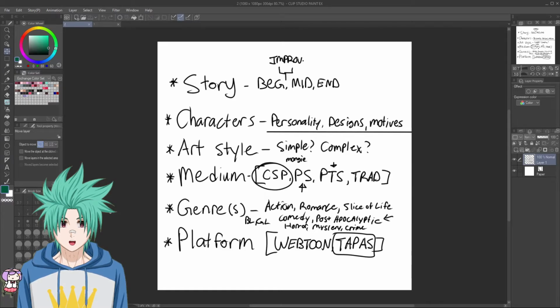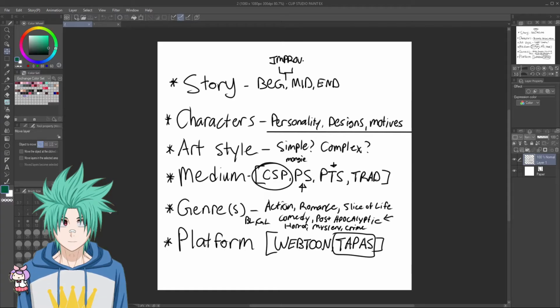Moving on to genres. This could be anything, you know? It's all entirely up to you. You have up to 2 choices for genres. You have genres like action, romance, slice of life. These are usually the most popular genres on the webtoon directory, I guess.